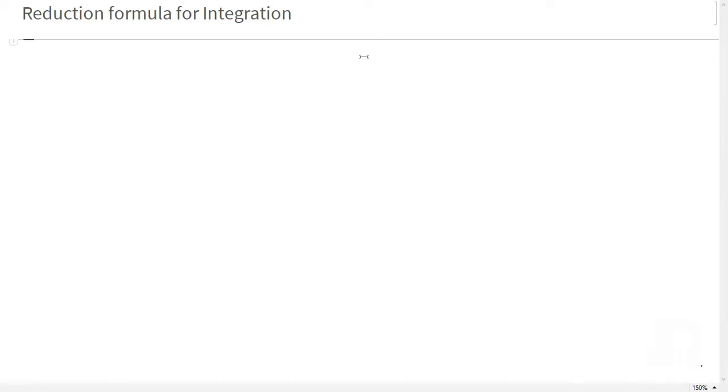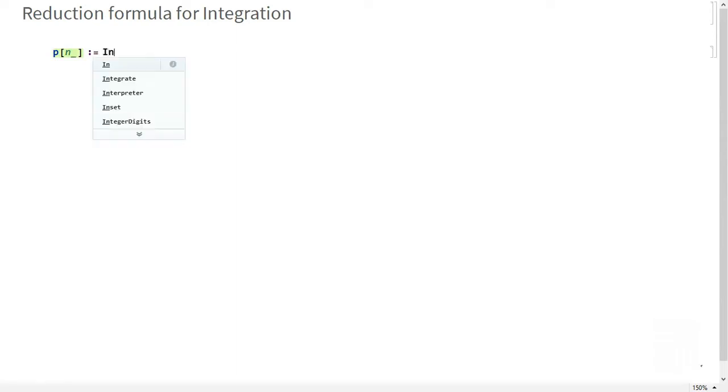So first we declare a function. Let's call it P of n, since we are dealing with n. And now I want to type that function, that is Integrate. Remember, this is a function of n, not x, so keep that in the back of your head.